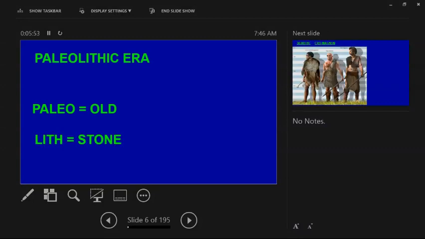Lith means stone. There's a printing process called lithography where they print with stones. A monolith is a large stone. Are we good to go?